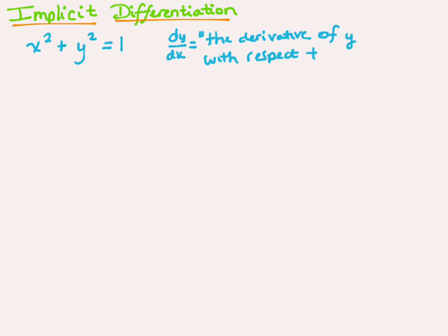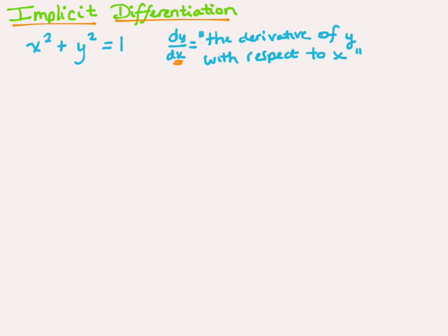And this is important because when I'm looking for dy dx, I'm taking derivatives with respect to x, which means that x is my independent variable. And whenever I have a y, that y is representing a function of x.